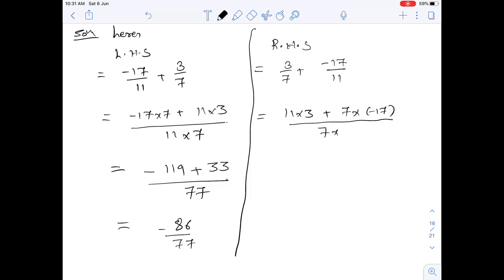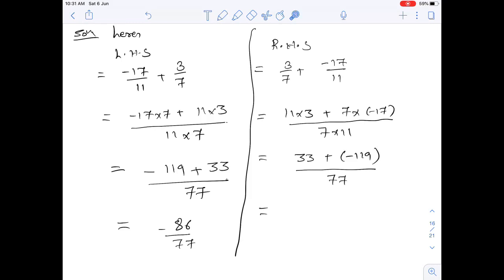So 11 threes are 33, plus minus 17 into 7, so it is minus 119, divided by 7 into 11, so it is 77.